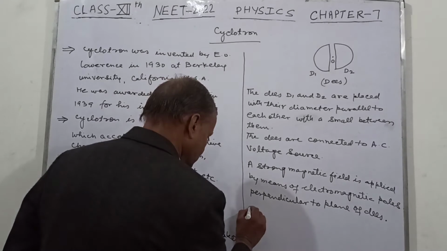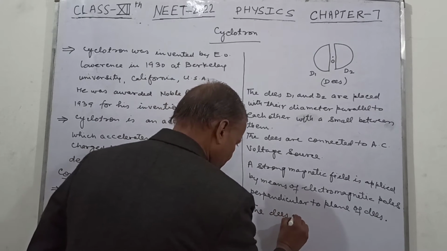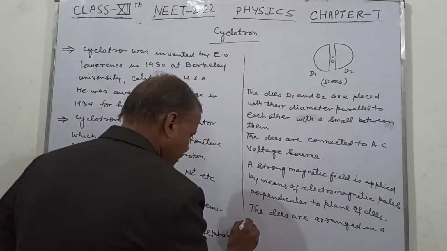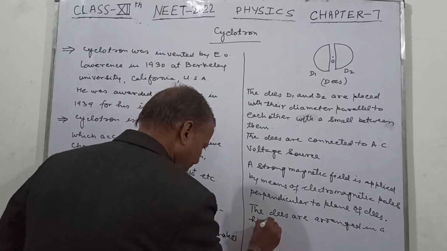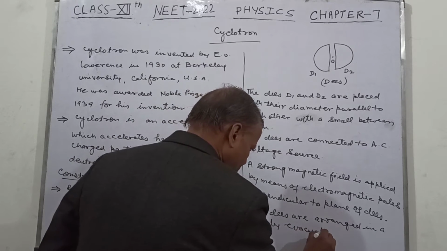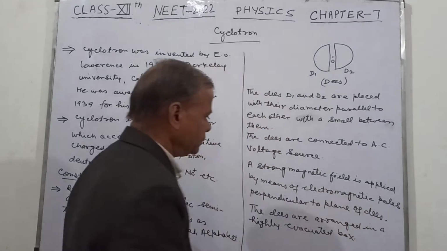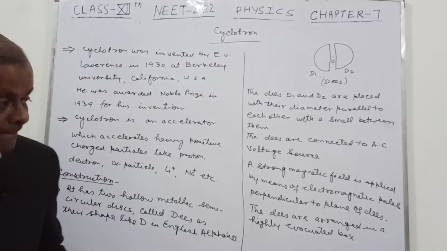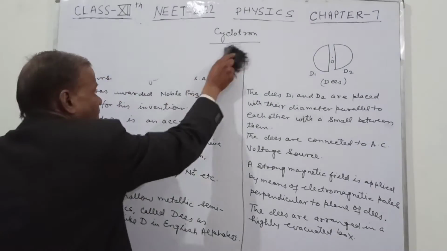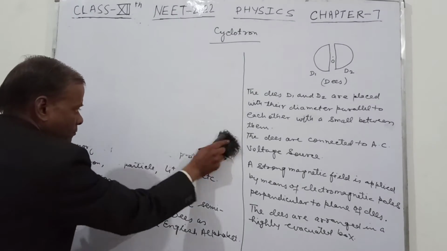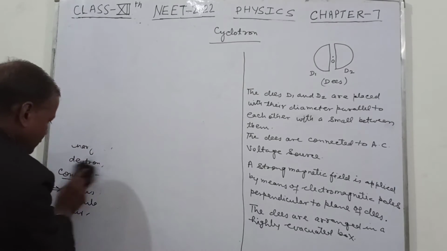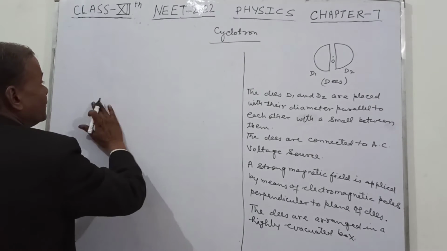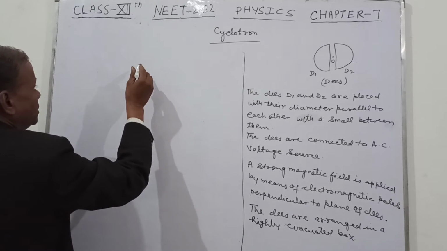The D's are arranged in a highly evacuated box, that is, their arrangement is put inside a box in which there is vacuum. So this is to be like this.